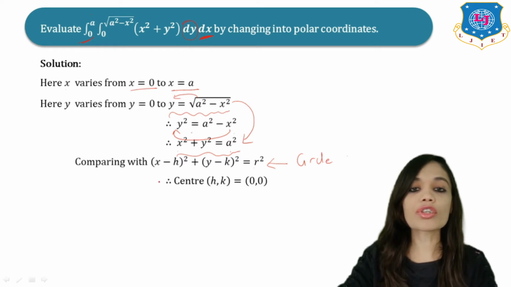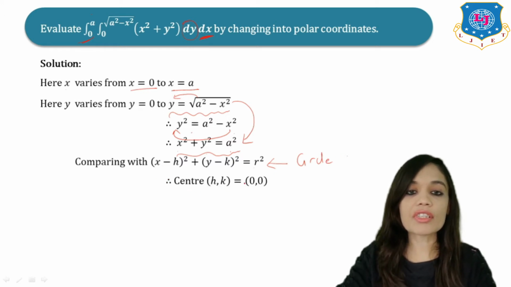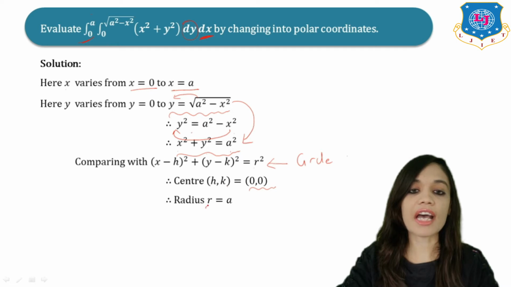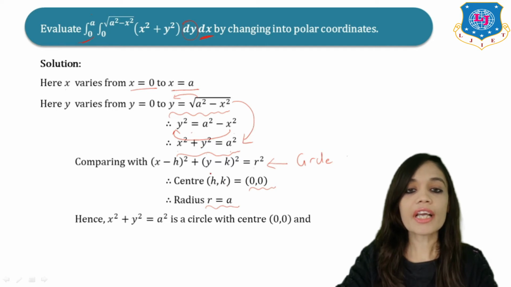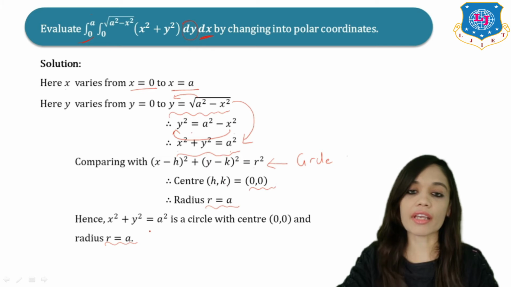On comparing, the center of the circle h, k is 0, 0, that means the origin, and the radius r is equal to a. So this is a circle with center at the origin and radius r equal to a.